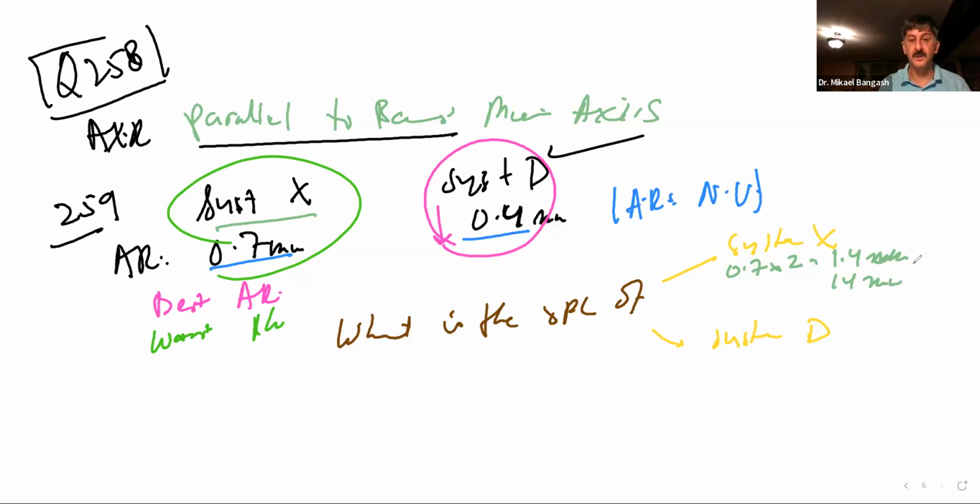Whereas for system D, it will be 0.4 multiplied by 2, which then will become 0.8 millimeters.